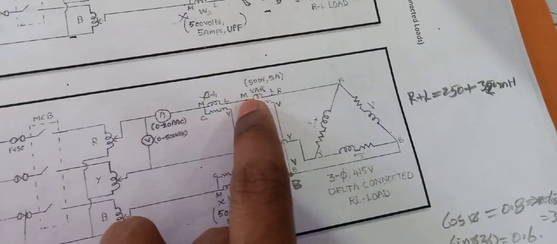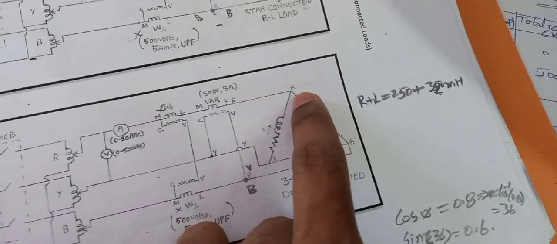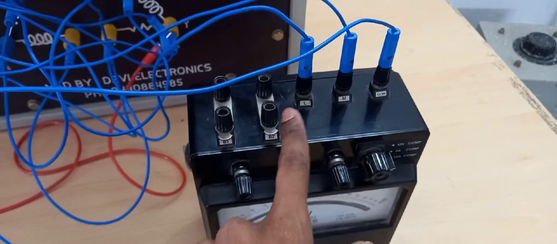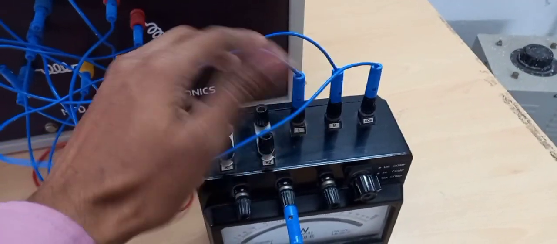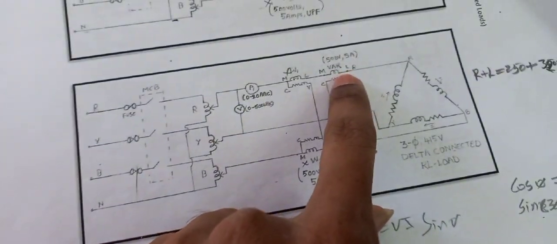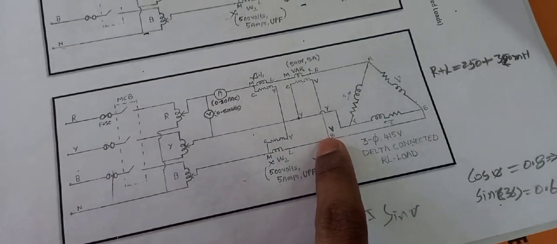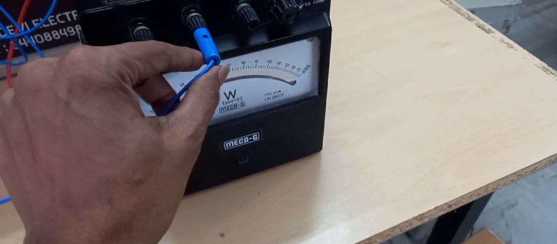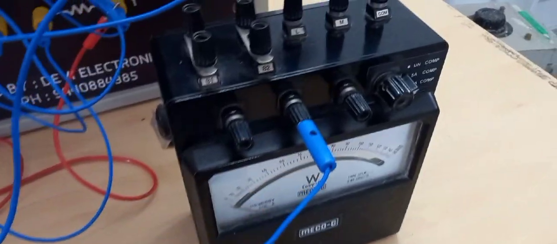Then next this varmeter L is directly connected to resistive load R. So here L is there, and that L is directly connected to the R load of the delta load. Then next V is directly connected to B phase. Here varmeter V is directly connected to B.